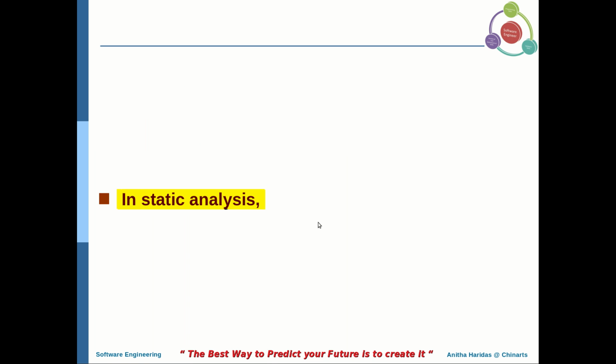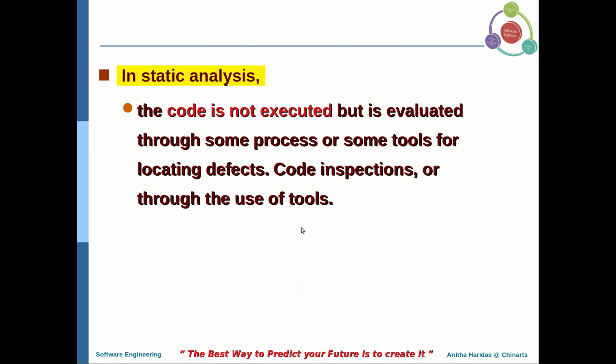So in the static analysis, what you are going to do, the code will not be executed, but it is evaluated through some process or some tools for locating the defects. Something like code inspections. So you will be going through statement by statement or code by code or function by function or declaration by declaration, like that.